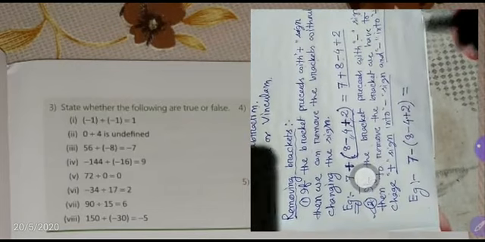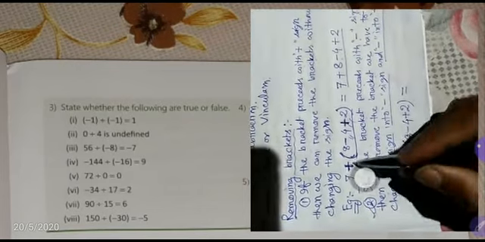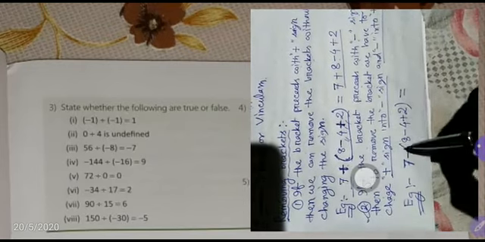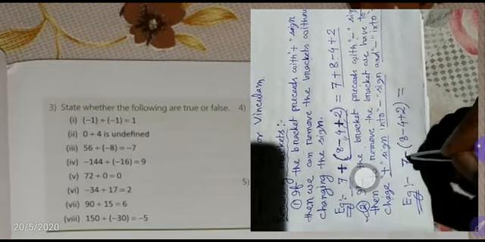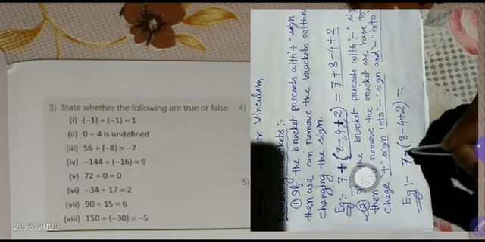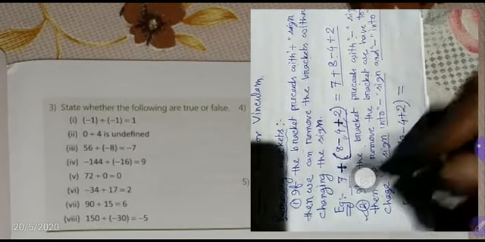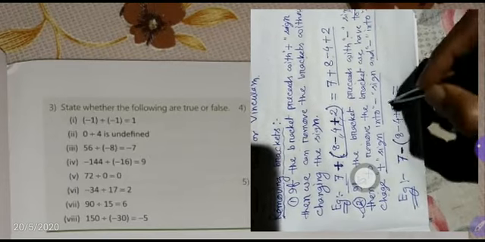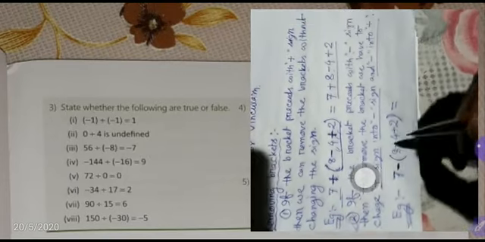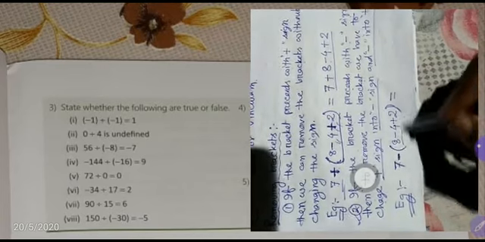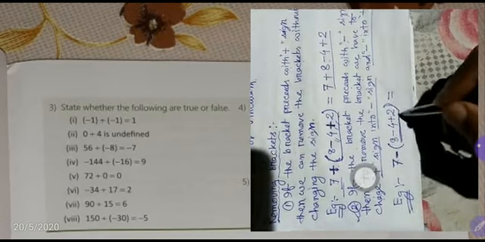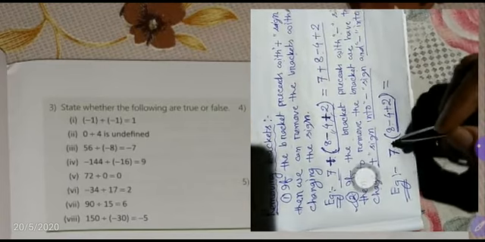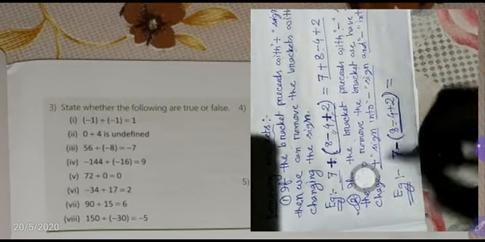In this same example, but here before the bracket a negative sign is there, whereas earlier a positive sign was there. So to remove this bracket in simplification, inside this bracket this positive sign we have to change into negative sign, and this negative sign we have to change into positive sign.